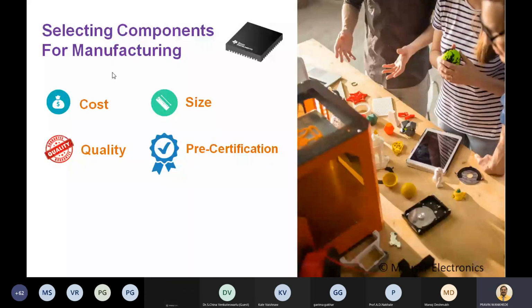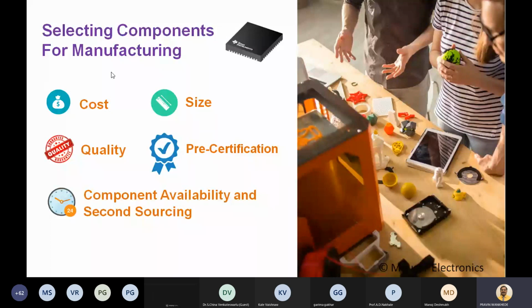Then component availability and second sources are obviously also very important. Let me give the final thoughts on selecting components for manufacturing. As researchers or product developers, in the early stages of designing and developing a prototype, it's important to prevent component selection from holding you back.